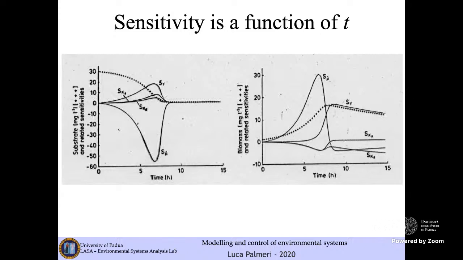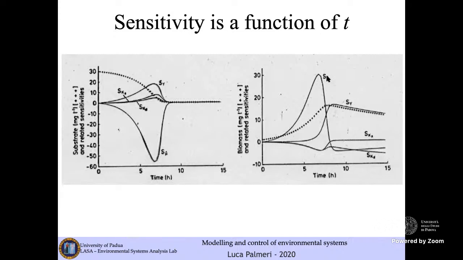We have a symmetric story here in which we depict the biomass. So while here we were studying how the substrate is consumed, here we are studying how biomass increases. So here we plot the sensitivity of biomass to the various parameters.